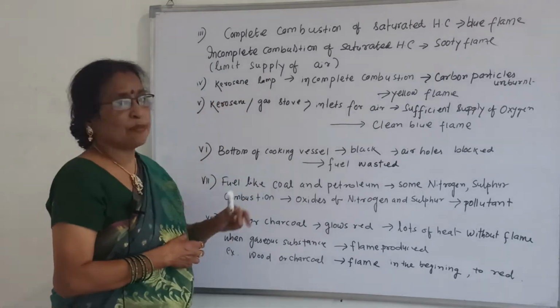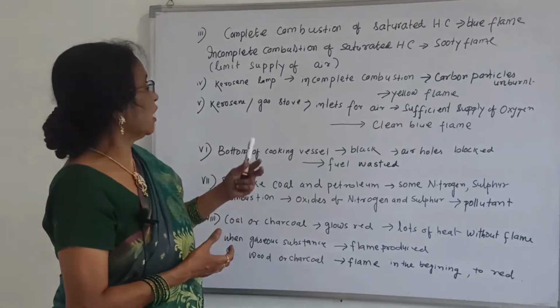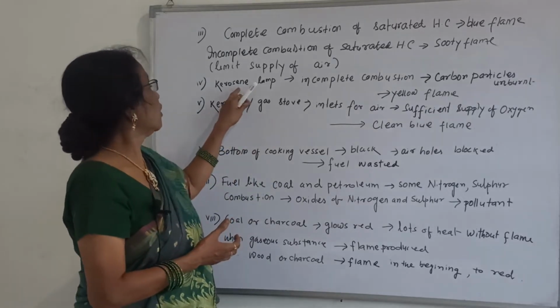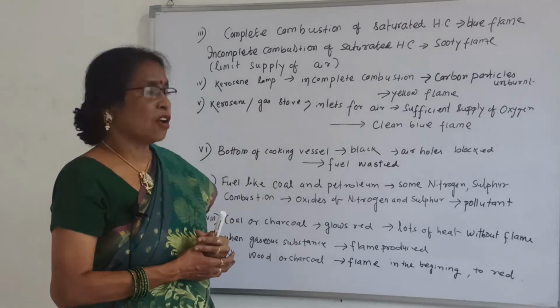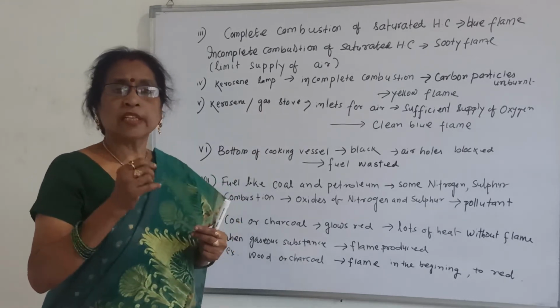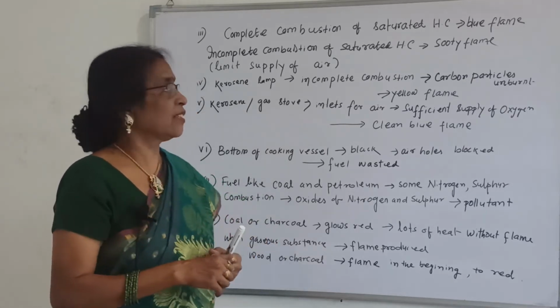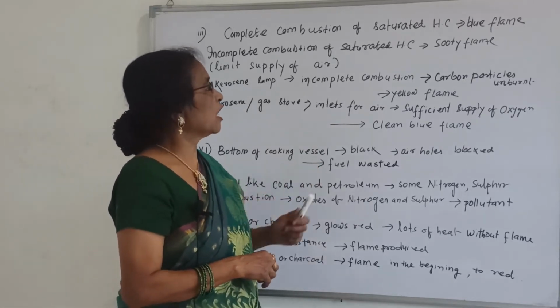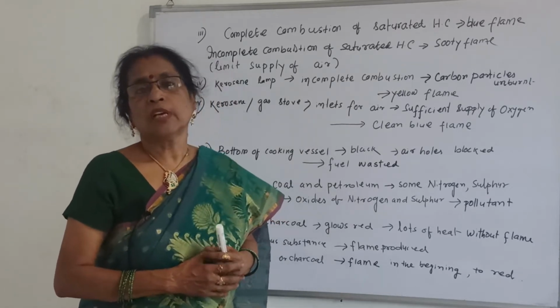Then the kerosene lamp, which is also called a lantern, always undergoes incomplete combustion, because there is no inlet for air, there are no holes in it. That is why it gives a yellow flame and carbon particles remain unburned.